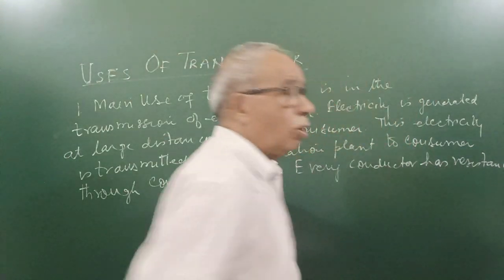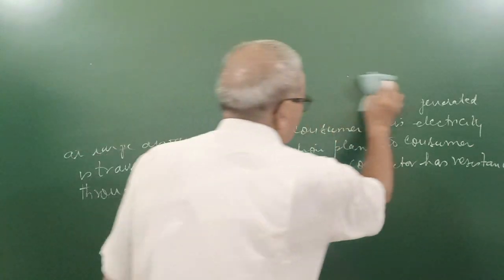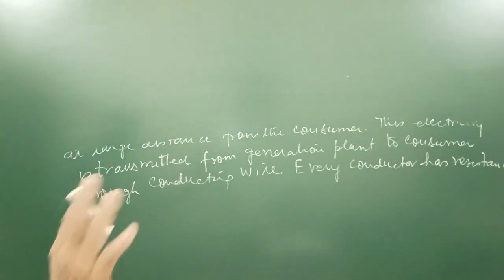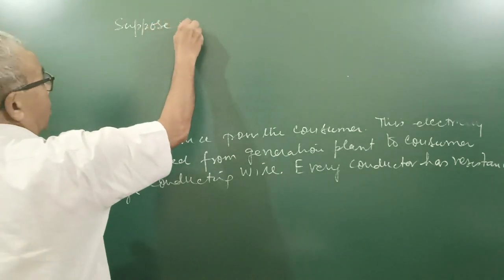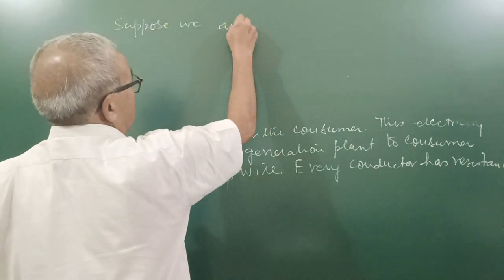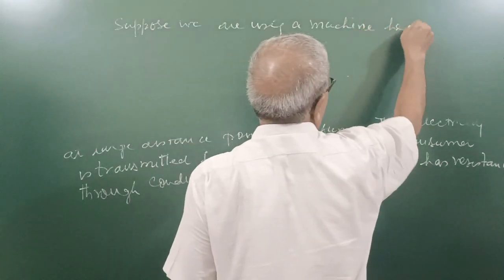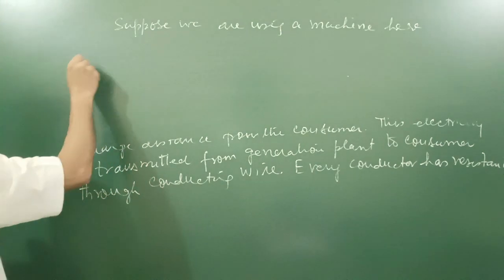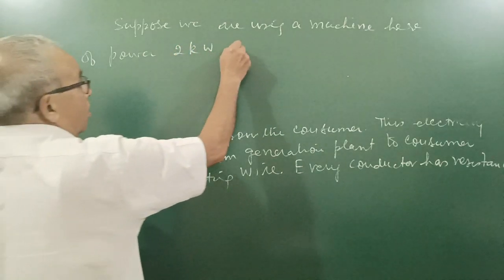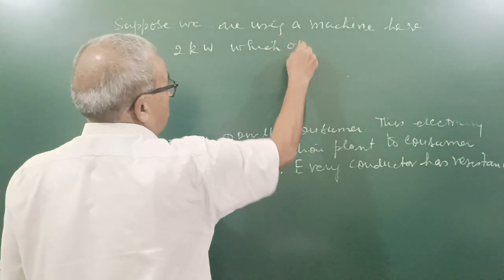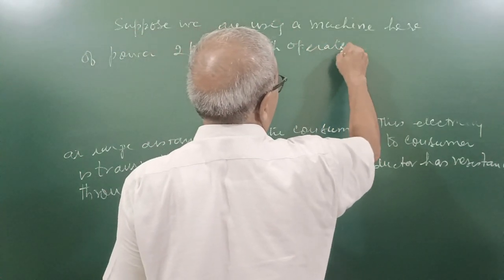Now suppose you are using here at your place a machine of power 2 kilowatt, which operates at 200 volt.